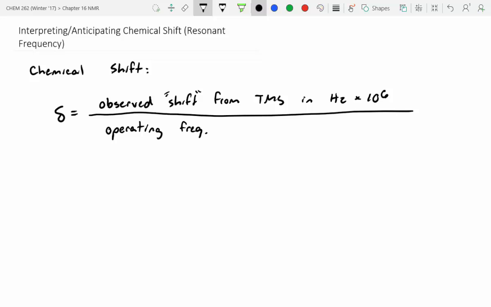This will help you with a Sapling problem, hint, hint. Divided by the operating frequency of your NMR that you're using in hertz.